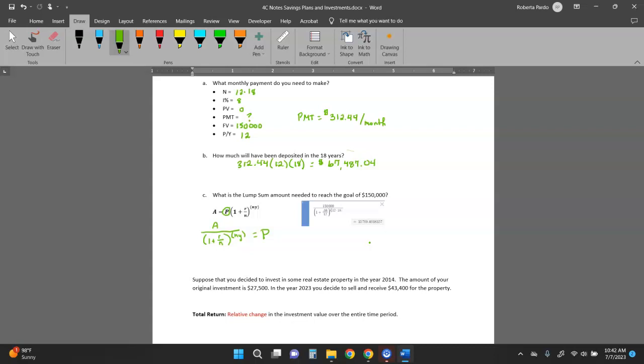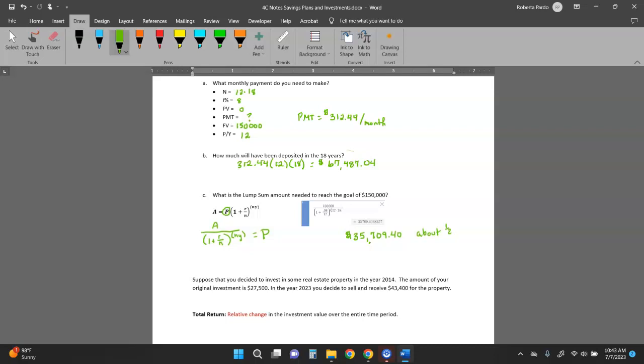And typing that into Desmos, we end up with $35,709.40. So this is about half compared to doing it every month at $312.